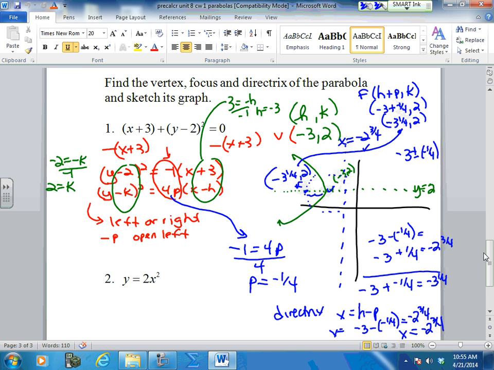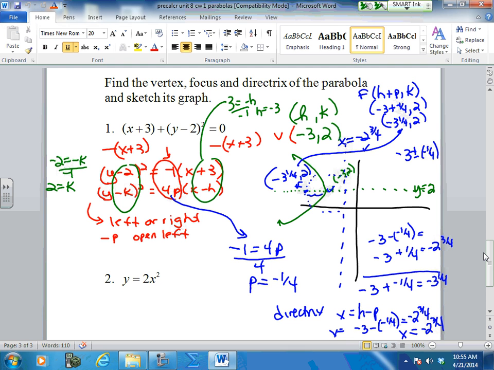There'll be equal distances every time we go up and down to our line. We don't have to know that. But you do have to understand how to set this back up into this format, how to find your p, and how to find your focus, your directrix, and usually your intercept. Let's talk about an intercept for a minute.